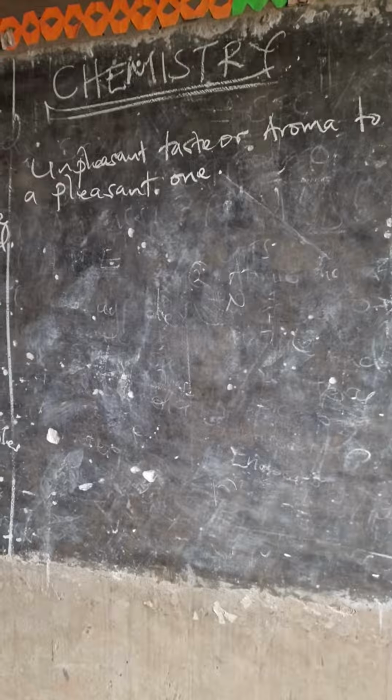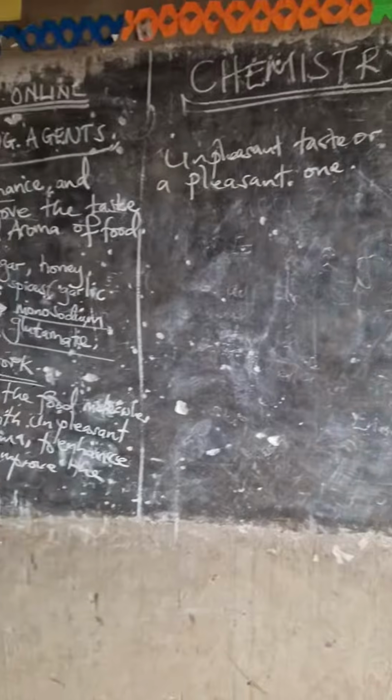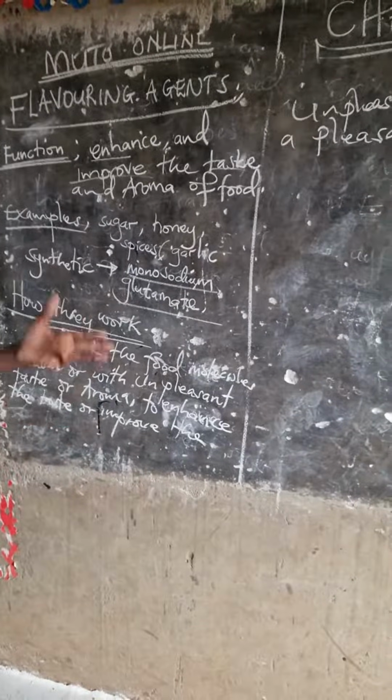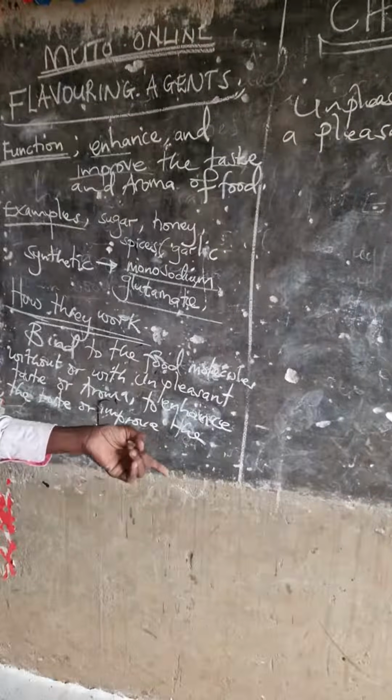So we are looking at the flavoring agents. This is how they work. They bind by forming bonds. The bonds may be ionic or van der Waals forces of attraction or hydrogen bonds.